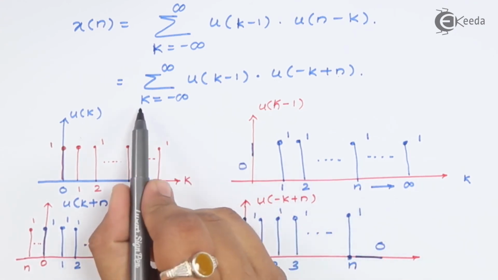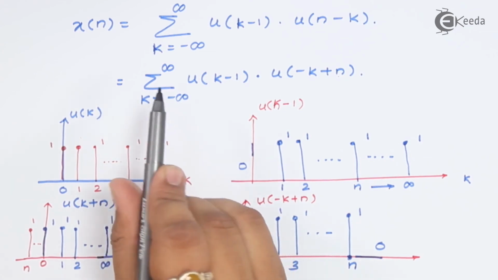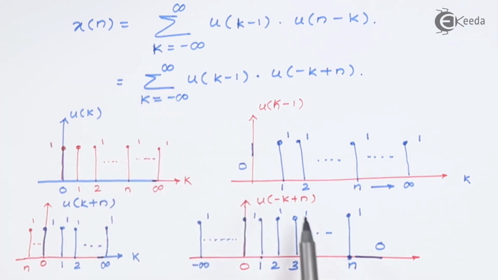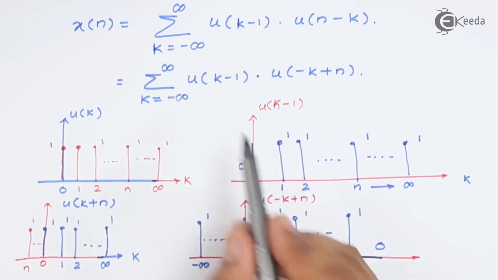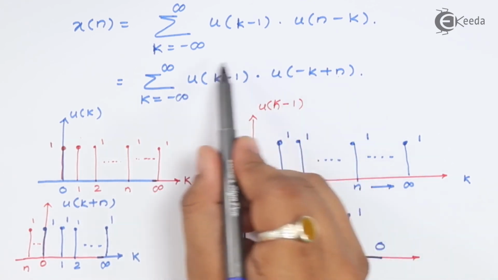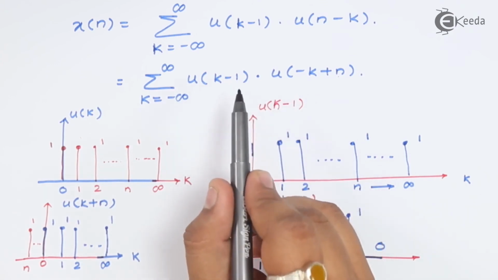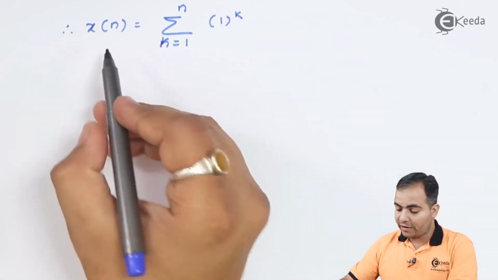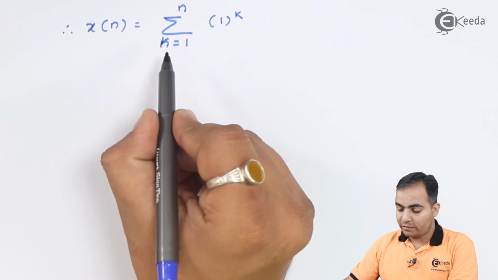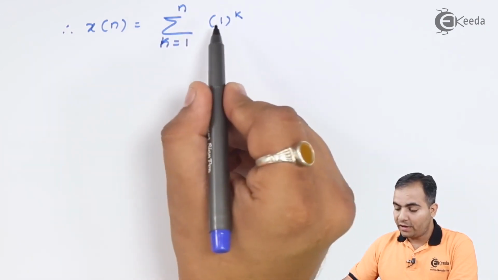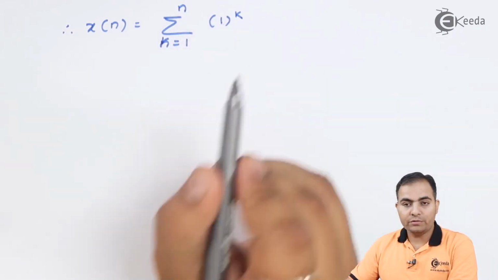That's why we replace the k value from 1 to n. In between 1 to n, all the samples have amplitude 1, so the whole multiplication is replaced by 1 raised to k. Now x of n is equal to the summation, with k varying from 1 to n, of 1 raised to k.